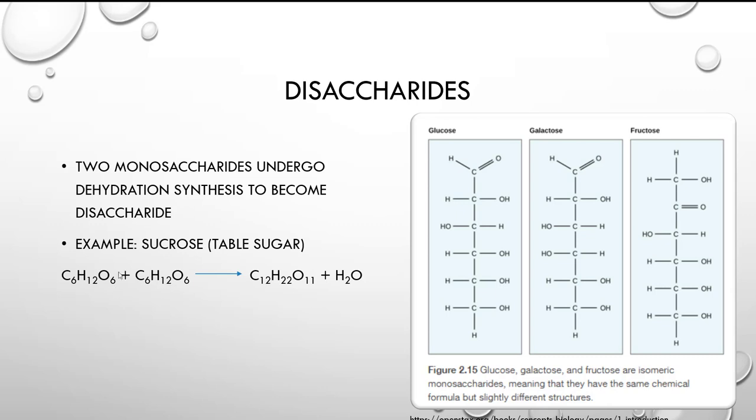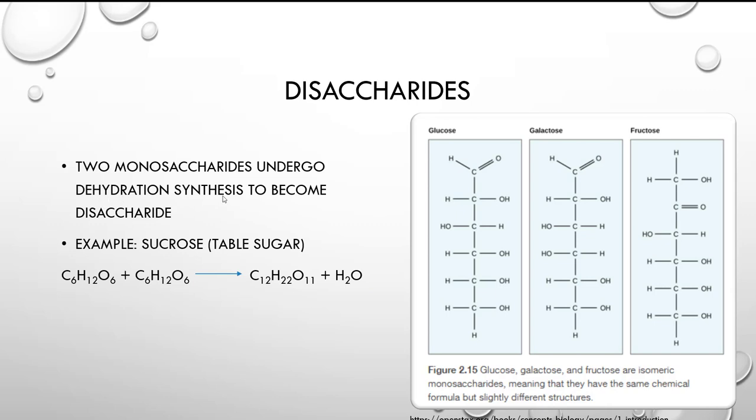You can see here, if we remove 2 hydrogens and 1 oxygen from this combination, we end up with this chemical formula, which is sucrose. We still have 12 carbons, so they add up. Instead of 24 hydrogens added together, we lost 2 of them for the water molecule. And instead of 12 oxygens, we lost 1 of the oxygens for the water molecule.